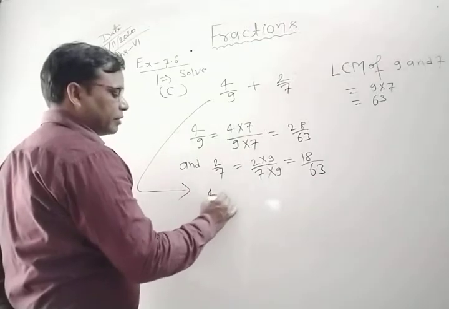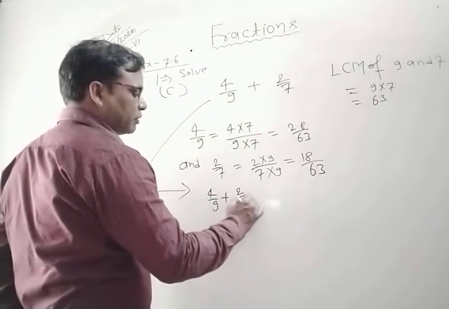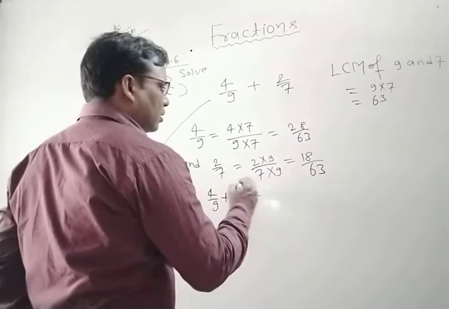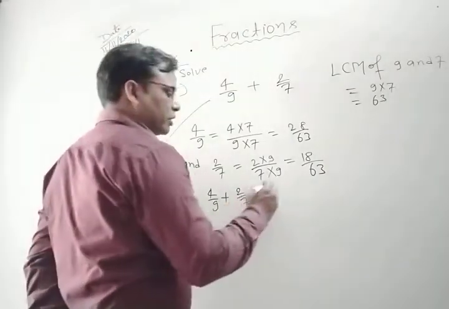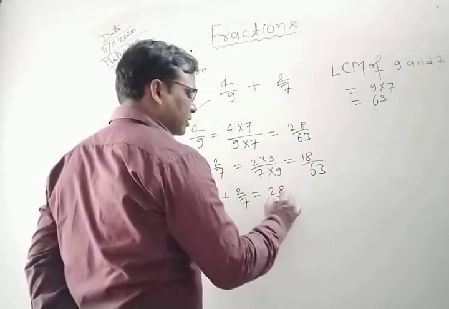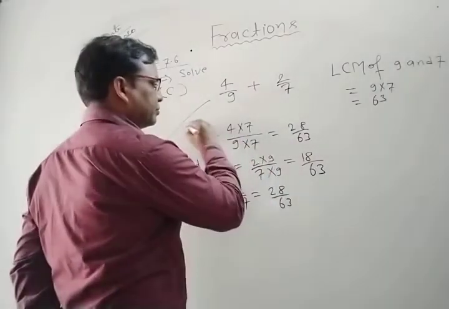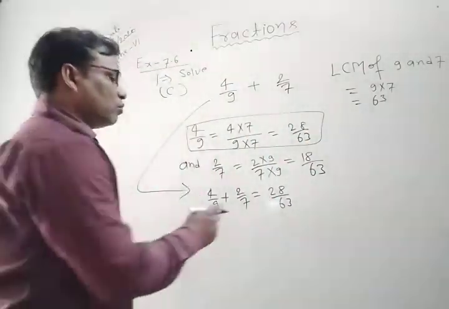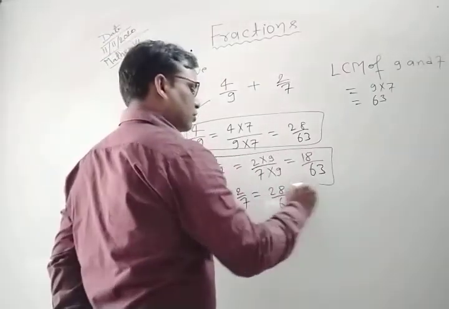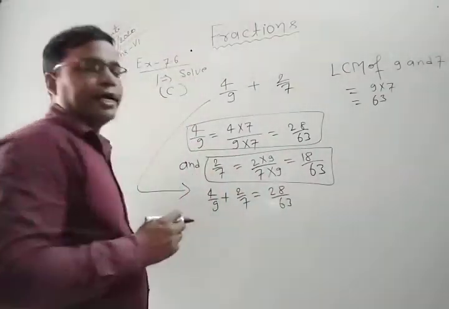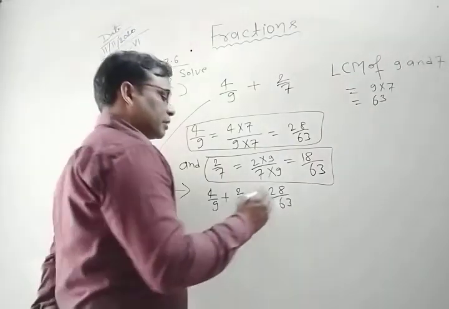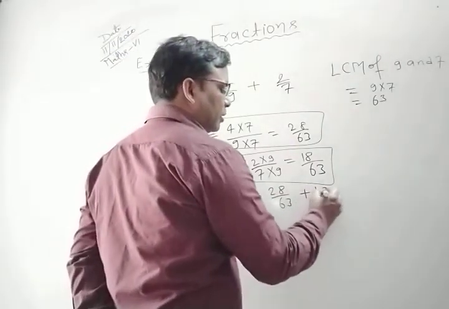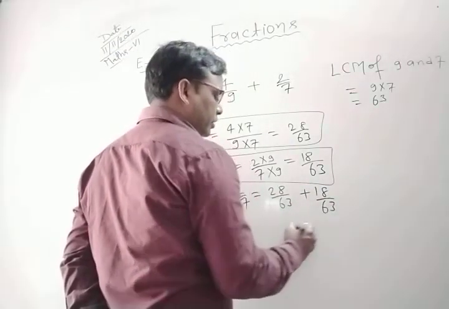So this becomes 4 by 9 plus 2 by 7. This is equal to 28 by 63 for 4 by 9, and 2 by 7 also becomes 18 by 63.